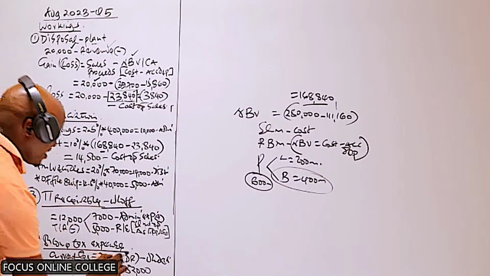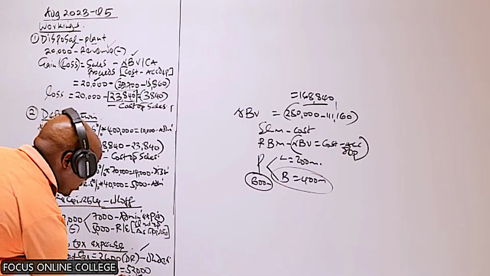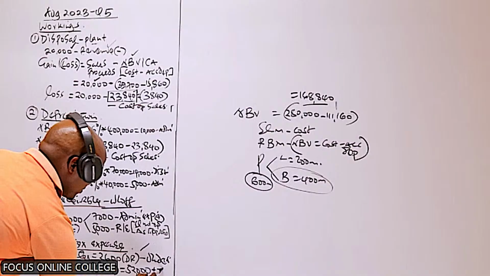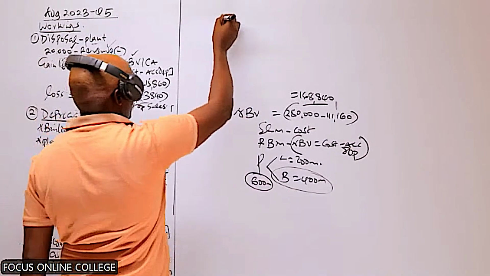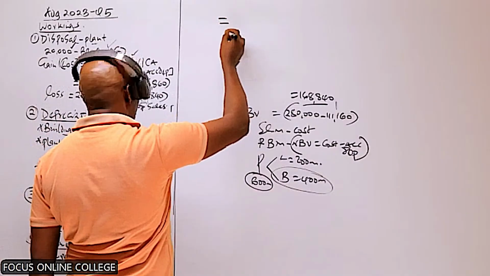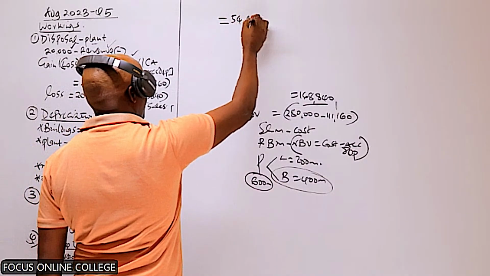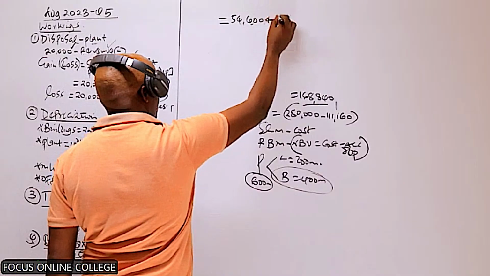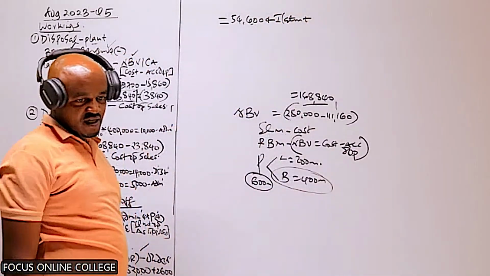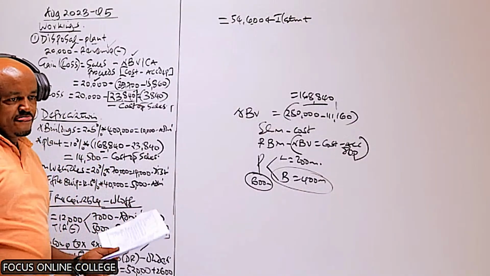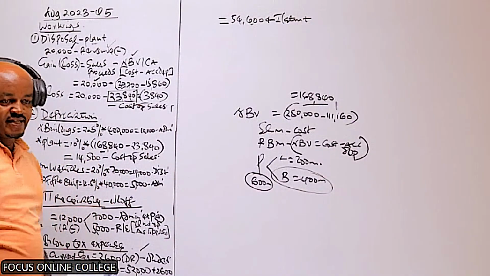Remember, in the previous year, there was under provision, which we should add to this. So to this, we should add 2,600. That will give us a total amount of 54,600. So this is basically what we will recognize in the income statement or in the statement of profit or loss as the current tax.